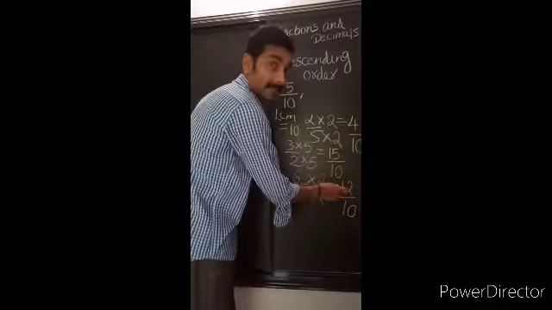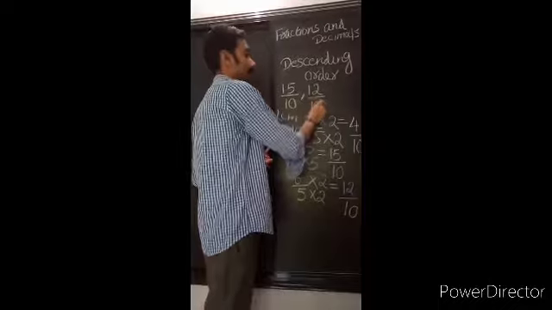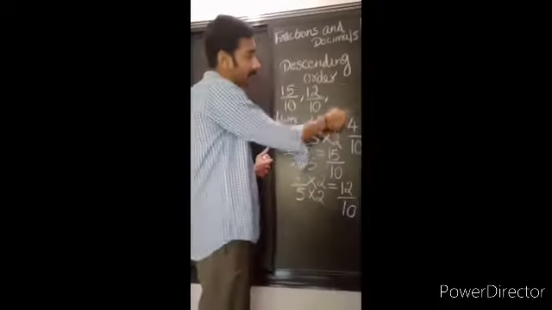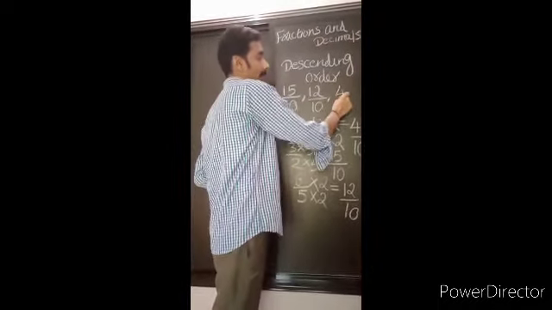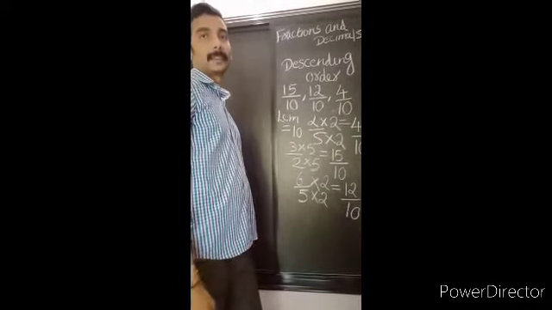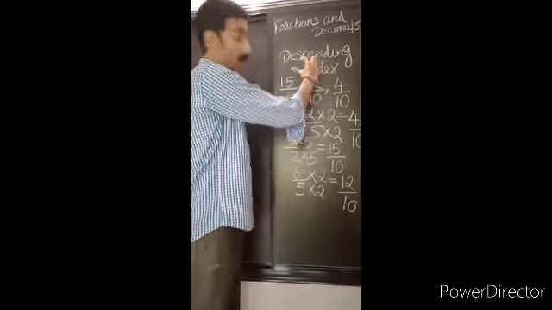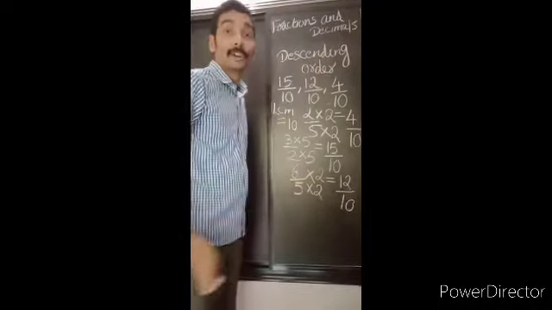Another greatest is 12 by 10. Another one is 4 by 10. Clear? That is the form of descending order for this type of question.